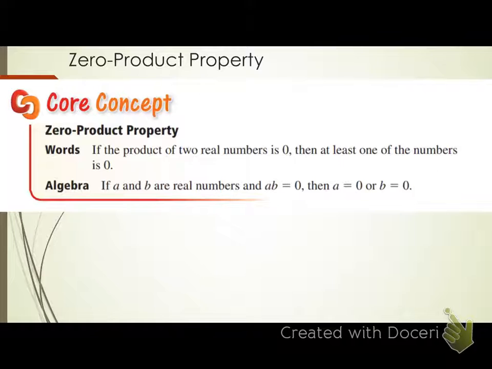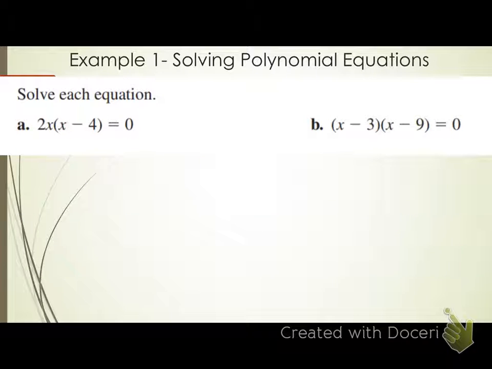Okay? So, here's our example 1. A and B. Solve each equation. I've got 2x times x minus 4 equals 0. Got to use our zero product property here. Do I have two things being multiplied together? Yes.